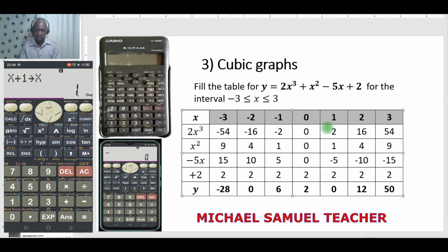Press again, when x is 1, y is 0. Press again, when x is 2, y is 12. Then press again when x is 3. I want you to note that when you press for the value of x, there is always a text display. So that's very key. Then when x is 3, y is 50. So that's for the cubic graph.